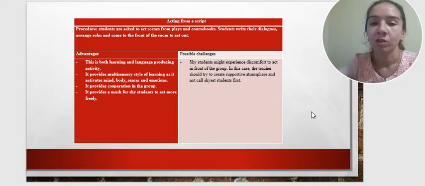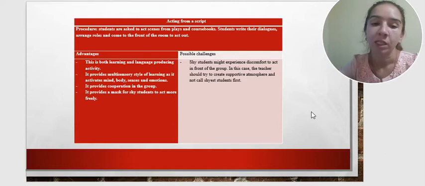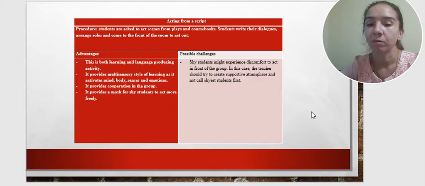So this activity has certain advantages. This activity is both learning language and practicing it. It provides multisensory style of learning as it activates mind, body, senses, and emotions. It provides cooperation in the group. It provides a mask for shy students to act more freely.